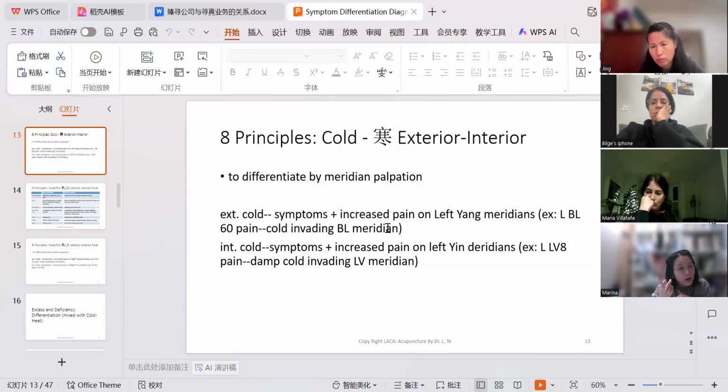But with a fever, and a white coating and pink tongue, how do you define this?